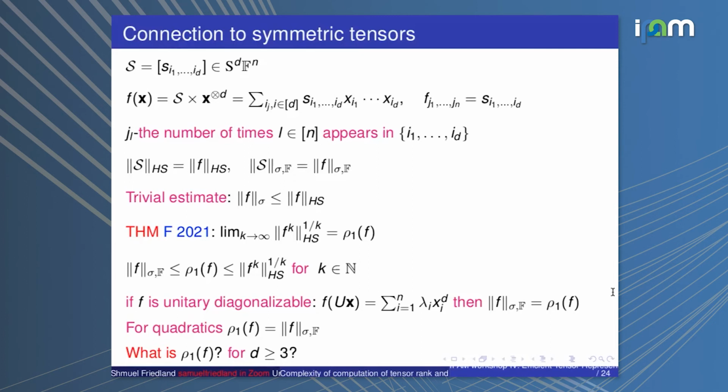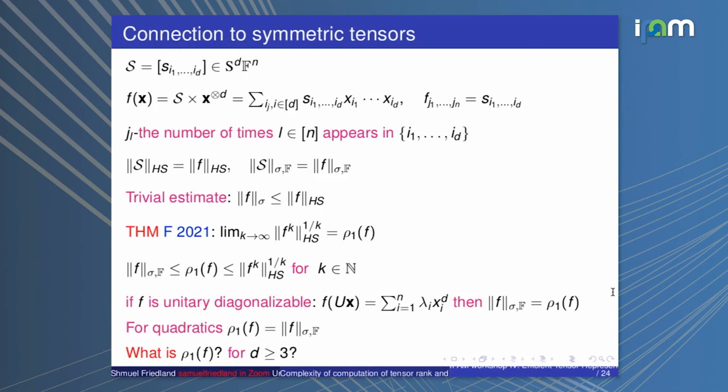You take its Hilbert-Schmidt norm, take the 1 over K power, and you have an upper bound for the spectral norm of F. Now, if F is unitary diagonalizable, which means there is a unitary U such that F(Ux) is a sum of powers of x_i to the power d with coefficients lambda_i, then essentially rho_1 of F equals the spectral norm, which is the maximum of the absolute value of lambda_i. So for quadratic forms, we know that rho_1 of F is exactly the spectral norm.